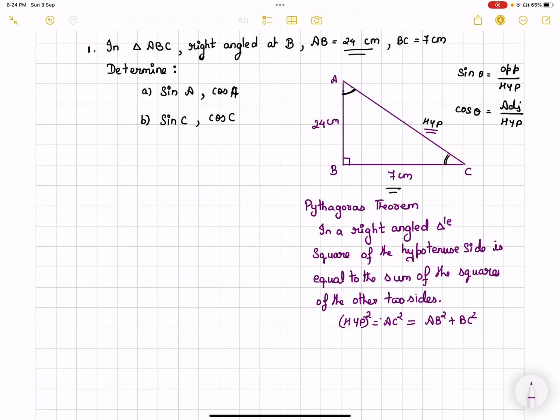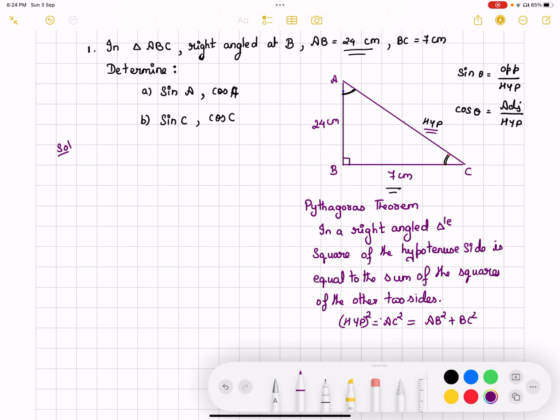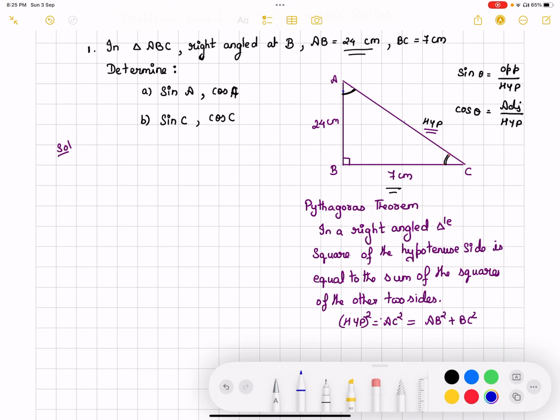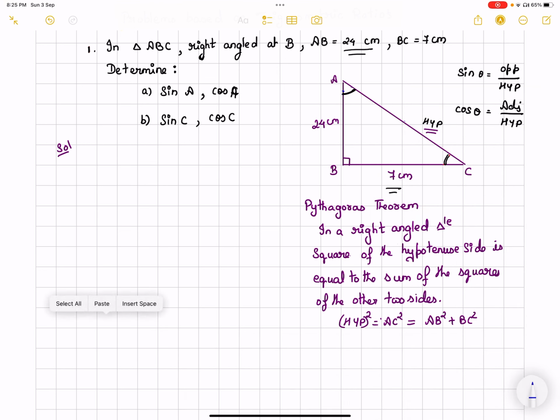So now let's start. How to start this particular problem is I would be starting it from the given. What is given? Based on that, I would be starting so that we would be able to find out without any hassle.